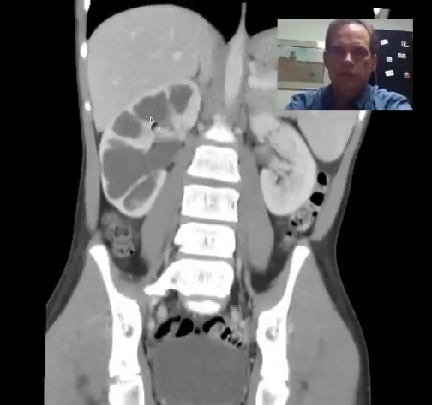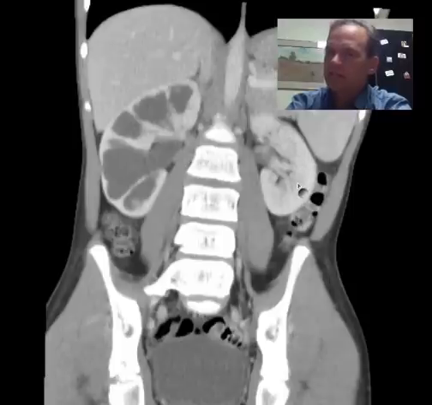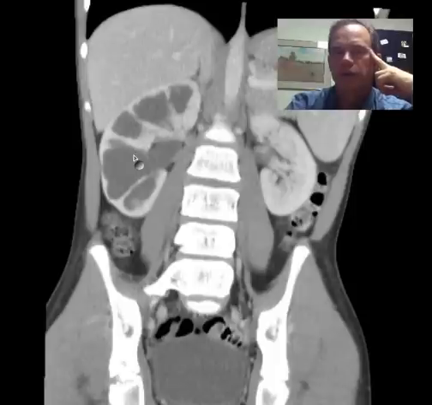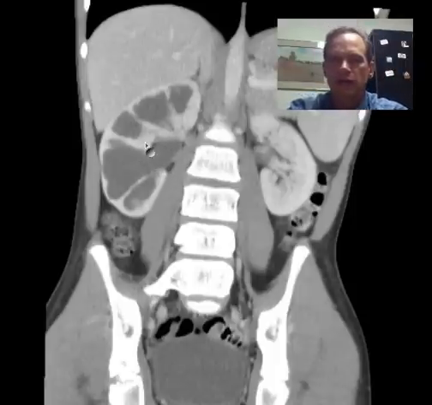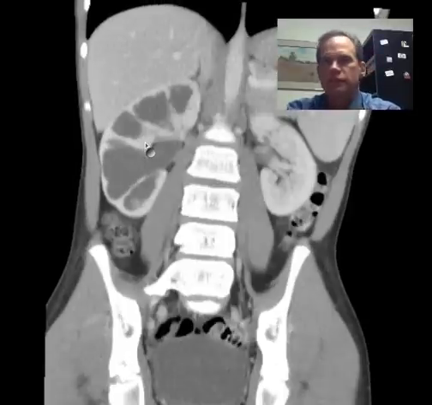So here you have the two kidneys, nicely enhancing cortex, about the same phase as on the other side. Now we don't have much renal medulla here to talk about because it's all dilated collecting system that has expanded out to the cortex there.